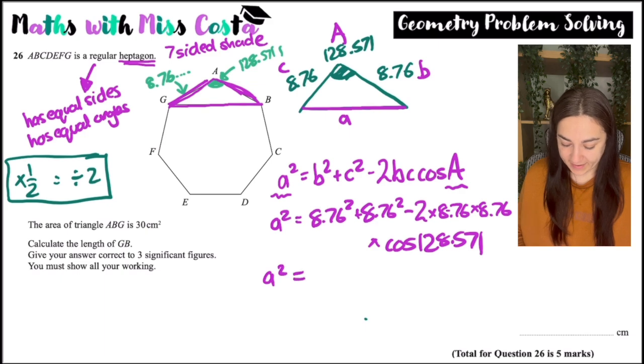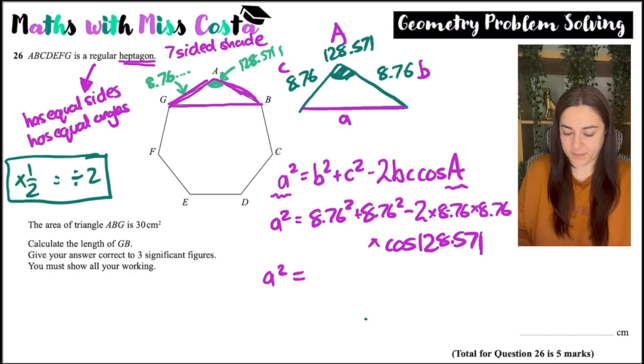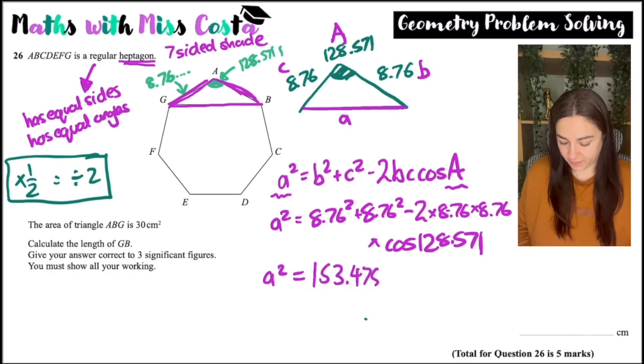So let's just clean that up. 8.76 squared plus 8.76 squared gives me 153.4752, and I'm going to subtract 8.76 times 8.76 times cos 128.571, which gives me minus, did I do times 2?